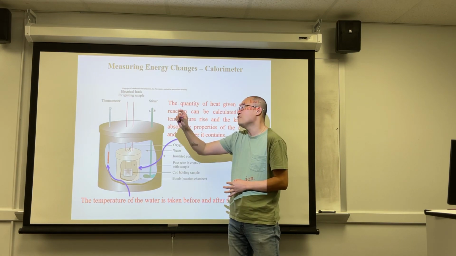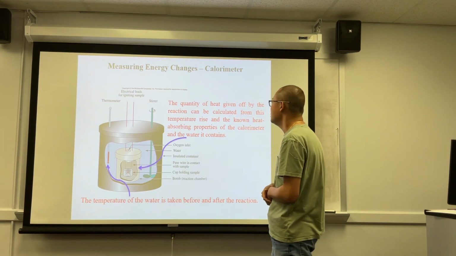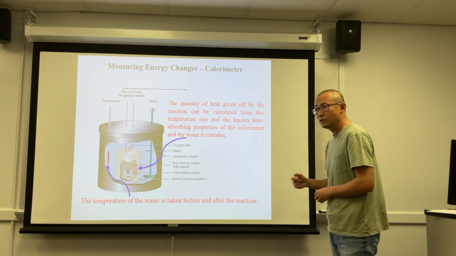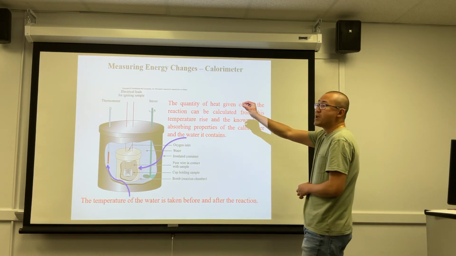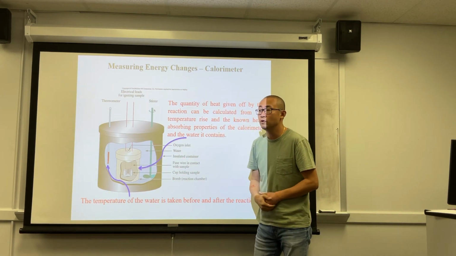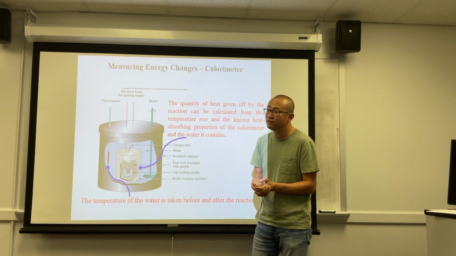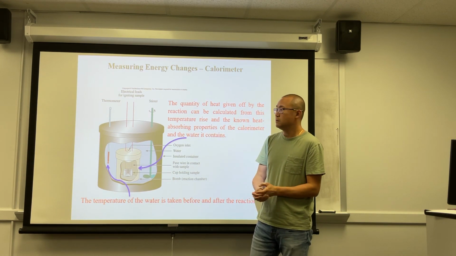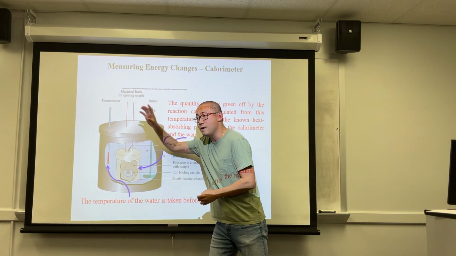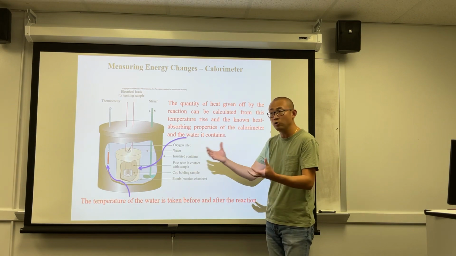And then we have a factor called the specific heat of the calorimeter. We know for 1 degree of temperature rise, how much heat is going to be absorbed. So we can calculate the amount of heat by using the change of temperature, then multiplying by the specific heat of the whole device.